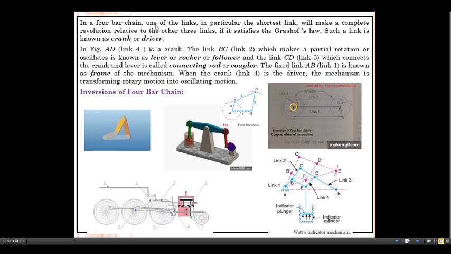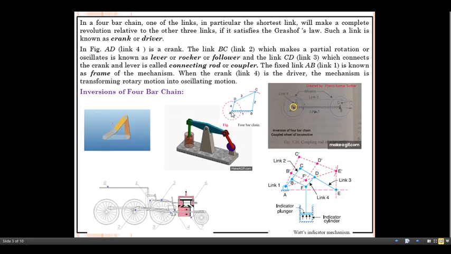In a four bar chain, the shortest link, which makes a complete revolution relative to the other three links, satisfies Grashof's law. Such a link is known as crank or lever. In the figure, AD indicates the crank or driver.